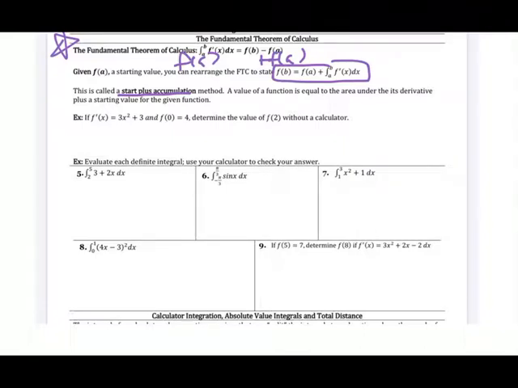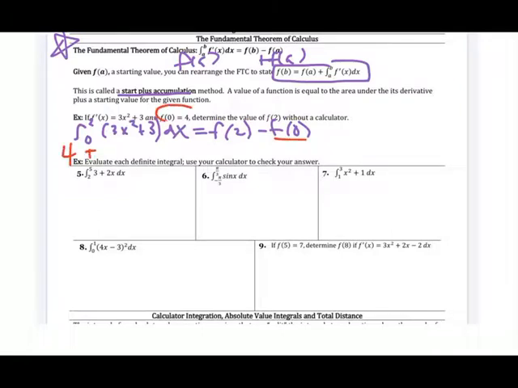So we have f of 0 and f of 2. So if I was just to set this up normally, we're saying the integral from 0 to 2 of 3x squared plus 3 dx, well, that is equal to f of 2 minus f of 0. Since we are given f of 0, what we can do is move that to the other side. So f of 0 is just 4 based on this piece of information.